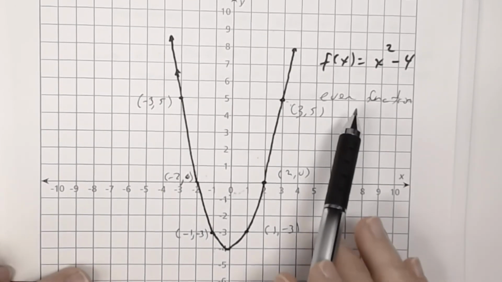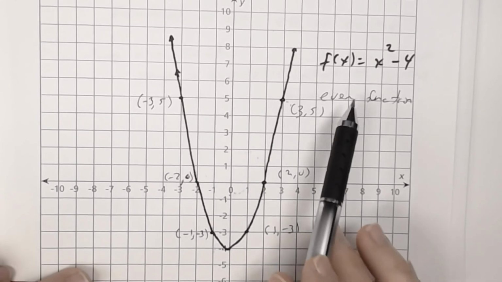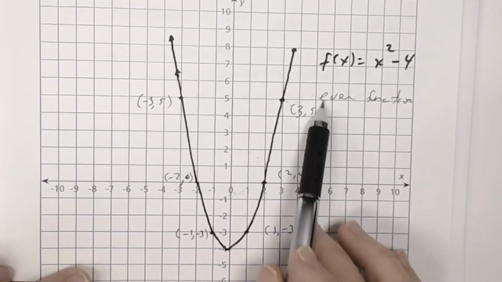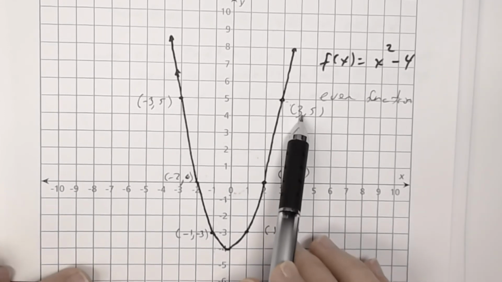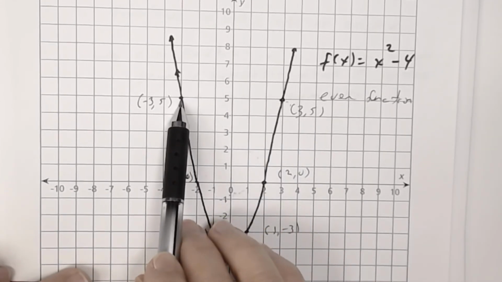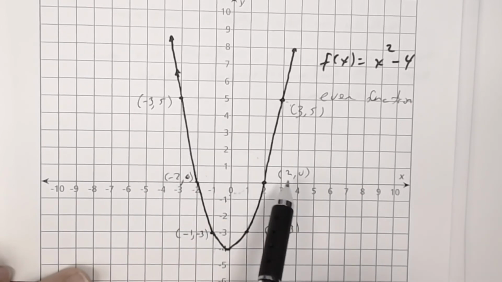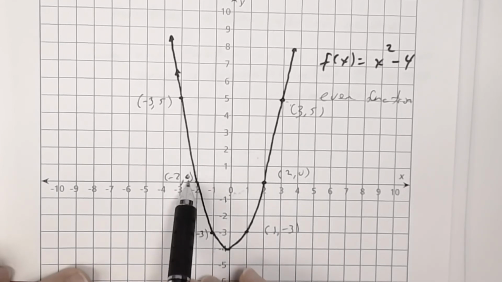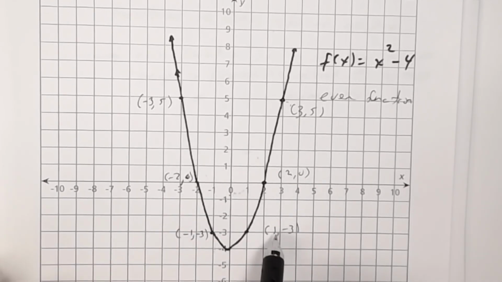If we're talking about an even function, and the point 3, 5 is on the graph of an even function, then what other point had better be on that graph? Well, -3, 5. If the point 2, 0 is on the graph of an even function, then -2, 0 is also on it. If the point 1, -3 is on the graph of an even function, then the point -1, -3 will also be on it.